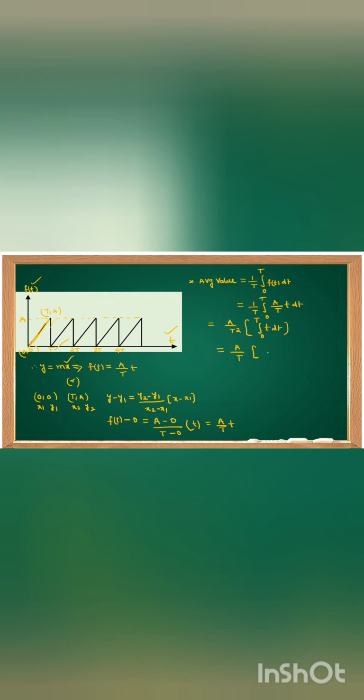So A by T square into t square by 2, limits 0 to T. Substituting the limits, A by 2T square into T square minus 0. T square cancels. What is the average value? A by 2. Very, very important five-star formula. If this type of waveform is given, the average value is A by 2.